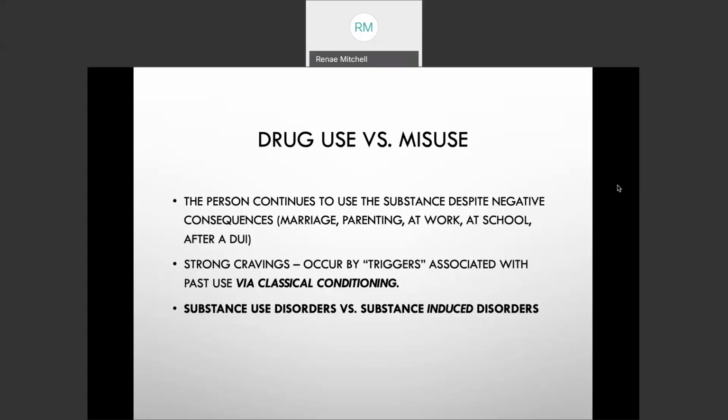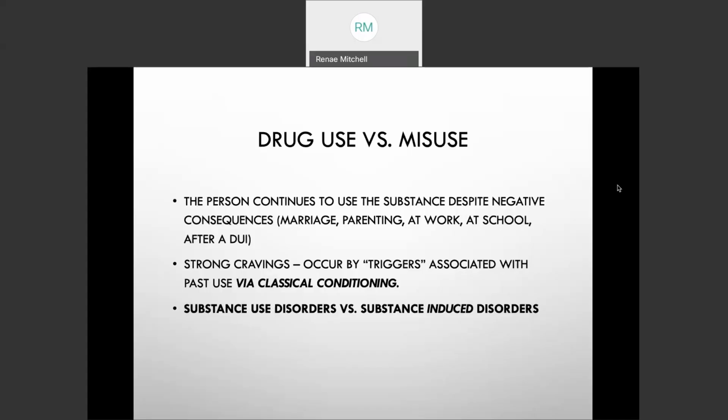The DSM also, it's important to distinguish between substance use disorders and substance-induced disorders. Substance use disorders are disorders that are based on the use of a drug. There's a problem with the behavior of drug use. Substance-induced disorders are disorders that are caused by drugs themselves.